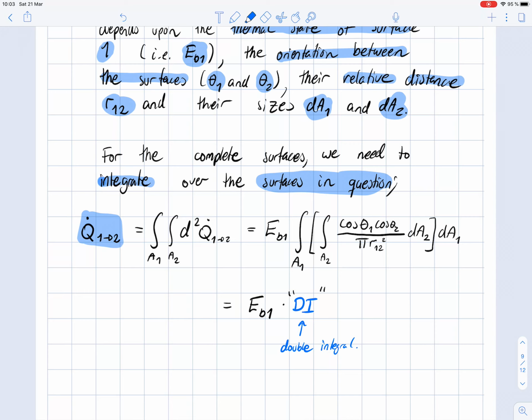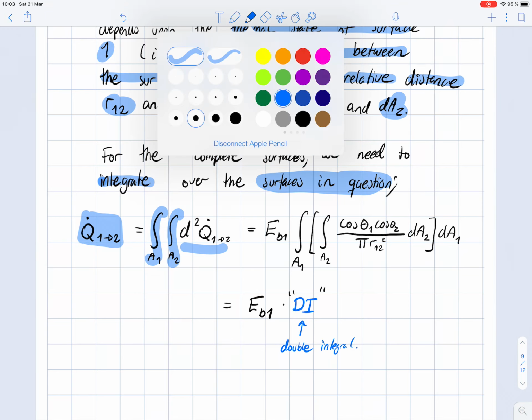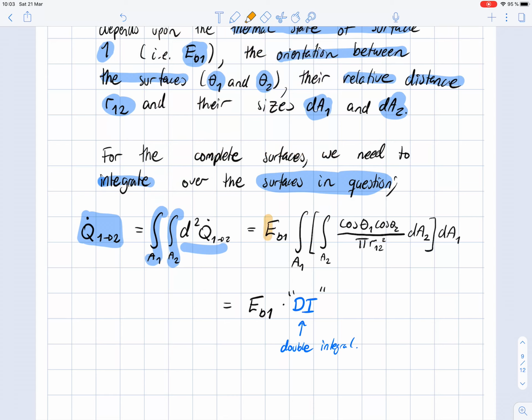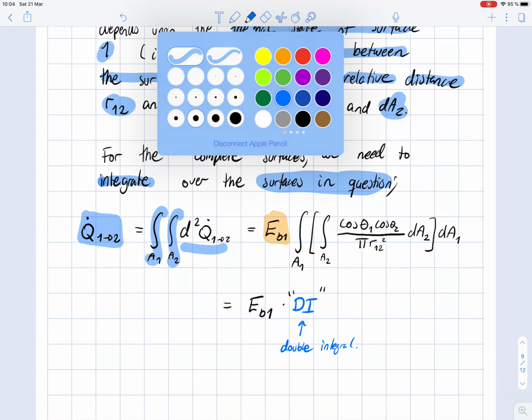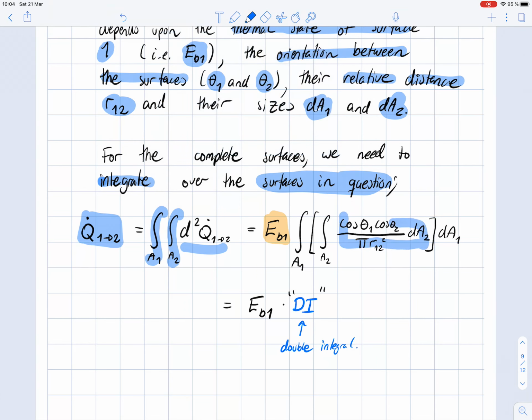So that has to be a double integral. We need to integrate over A1 and we need to integrate over A2 of this double differential. EB1 is a constant, so we can move that outside the integral. And what remains on the inside, interestingly, is only a function of geometry.